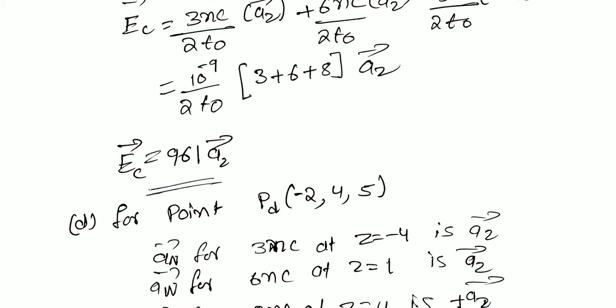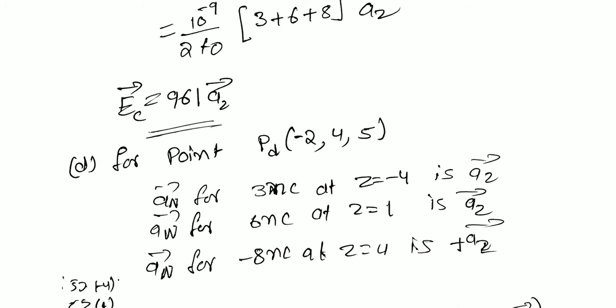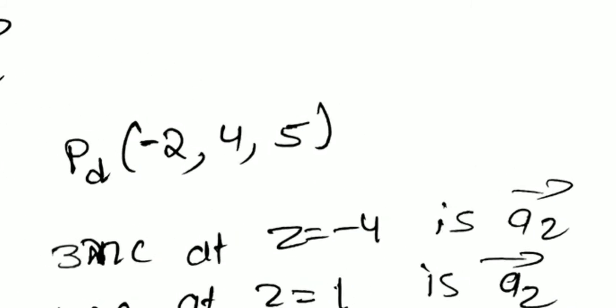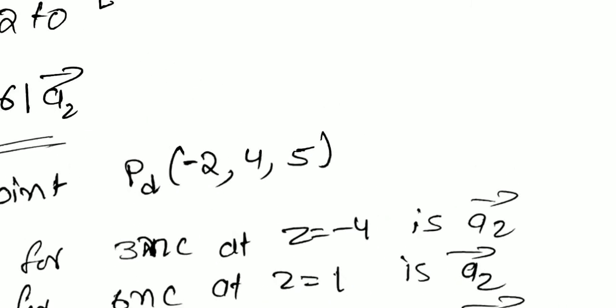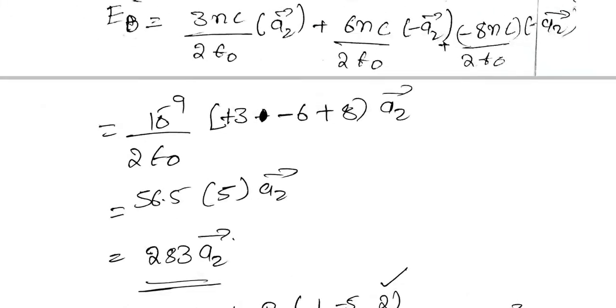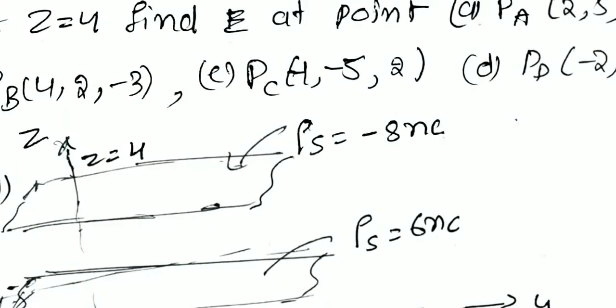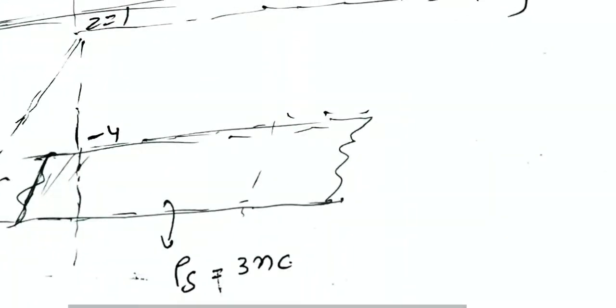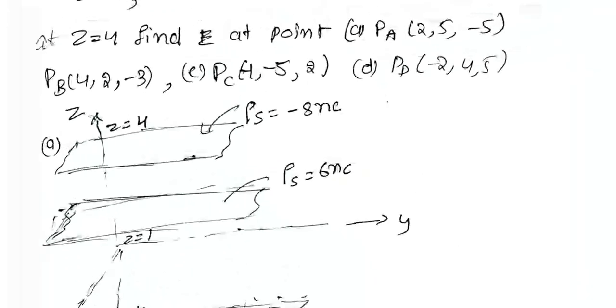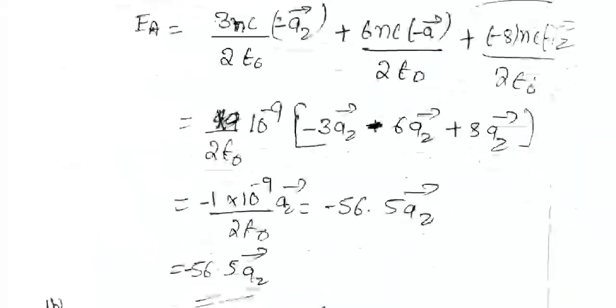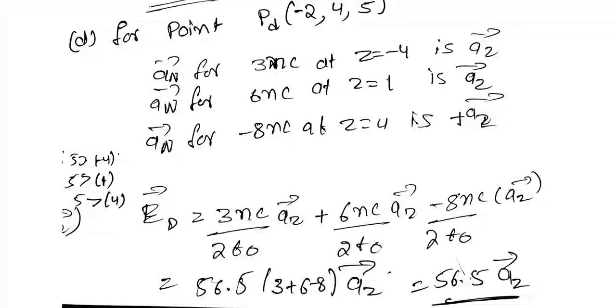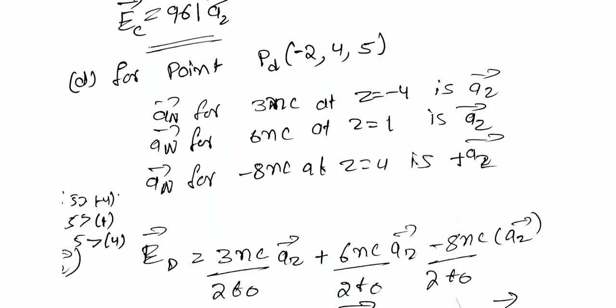And the last point is present at minus 2, 4, 5. So that is z equal to 5. At z equal to plus 5, our point of observation is present, which is above all the three plates. So the an value for all the three plates is plus az.